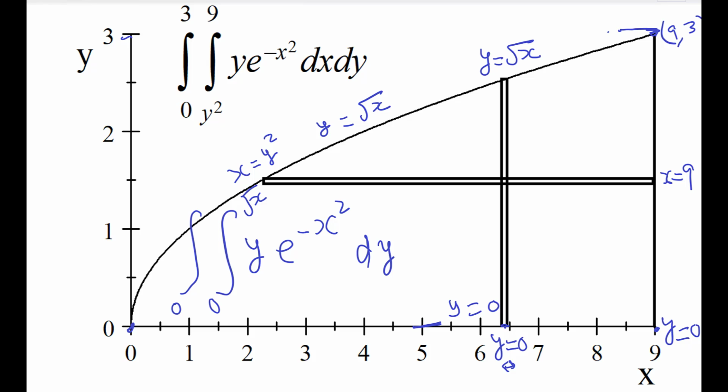So our outer limit would be from 0 to 9, and then we shall integrate with respect to x. Now we may see that with y squared, we might be able to get something for substitution. So if you can't just see it by thinking about it, let's go ahead and calculate.